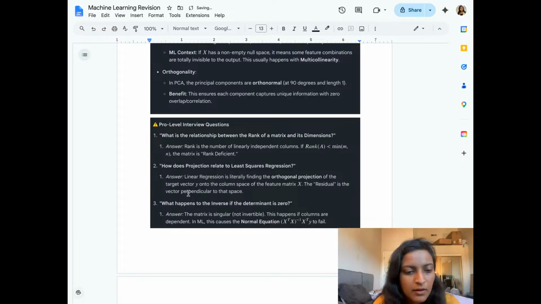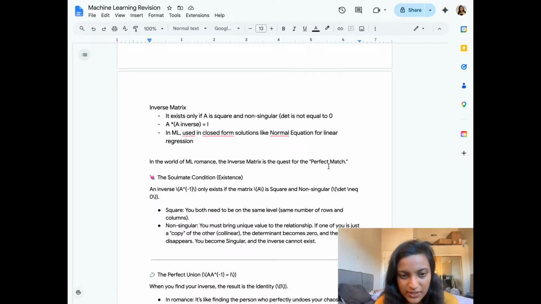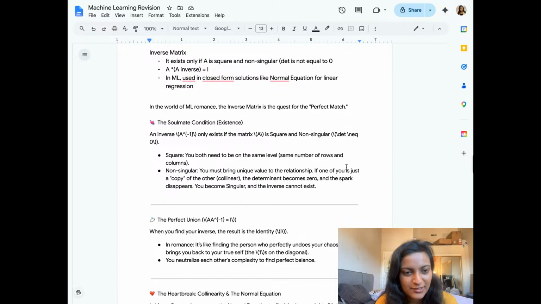In the world of ML romance, the inverse matrix is the quest for the perfect match, the soulmate. Condition for existence: an inverse only exists if the matrix A is square and non-singular. Square, what does it mean to be square? You both need to be on the same level, that is, the same number of rows and columns.